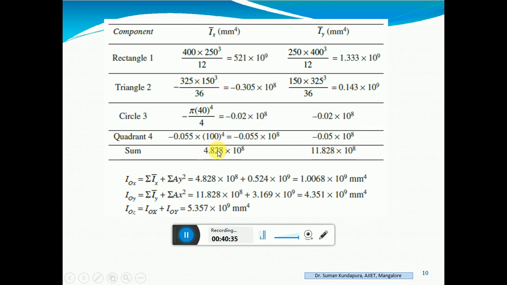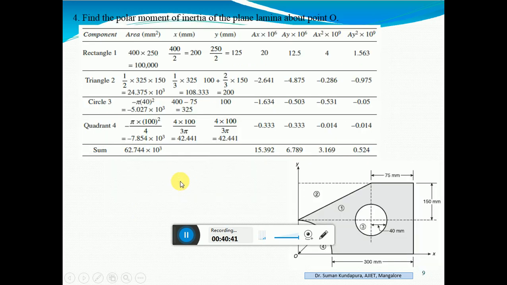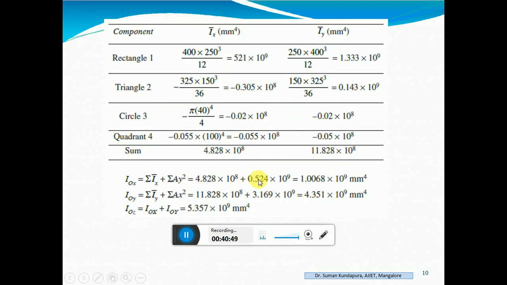Summation Ix bar, this one, plus summation Ay squared, which is 0.524 into 10 raised to 9. Add this, and you will get so much, that is IOX. Substitute here.